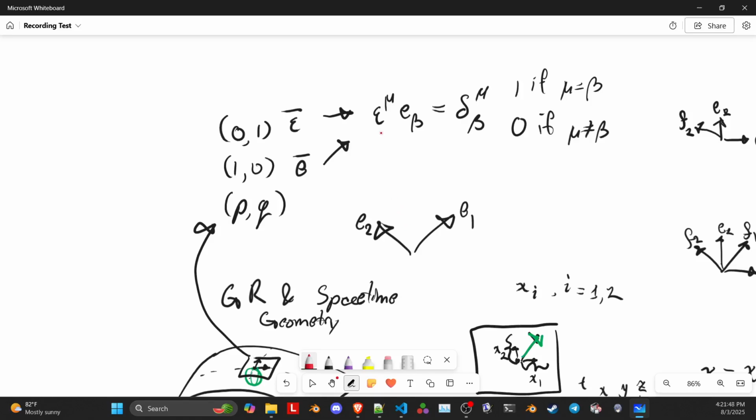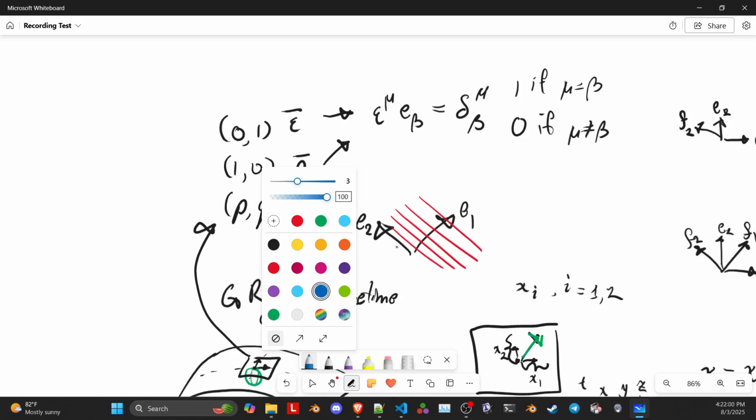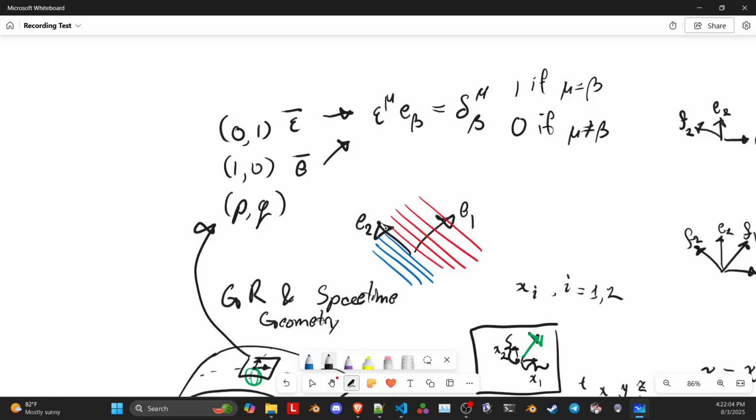So the field epsilon 0 aligned with E0 has level sets which are lines, and notice that there is a middle line along the E2 axis where epsilon 1 equals 0, because epsilon 1 acting on E2 has to be 0.